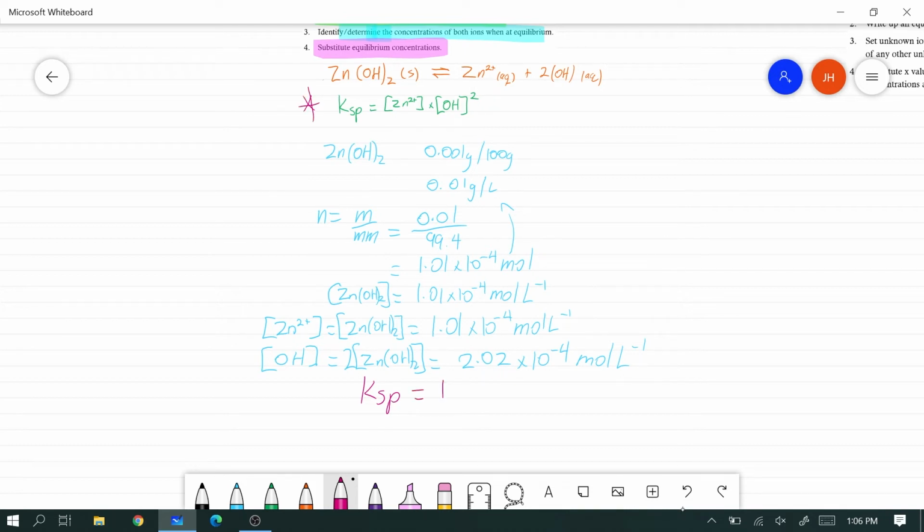So that's 1.01 times 10 to the -4 times 2.02 times 10 to the -4, and all of that is squared based on our formula above. When all of that is entered into a calculator, what you should get is 4.12 times 10 to the negative 12, and that is our Ksp value for zinc hydroxide.